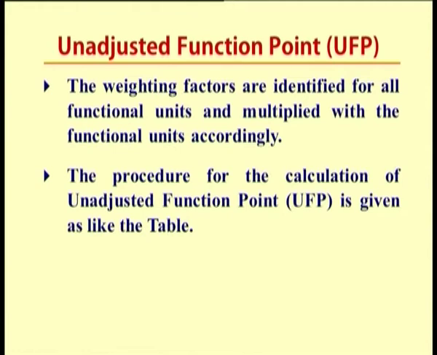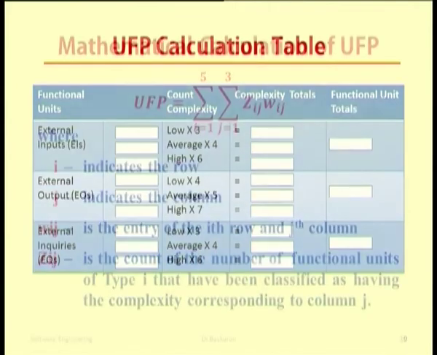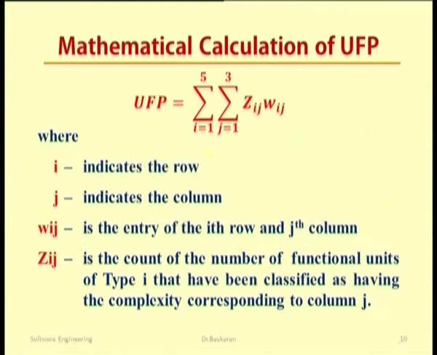The weighting factors are identified for all functional units and multiplied with the complexity counts of the functional units accordingly. The procedure for calculation of unadjusted function points is given in the table which I have shown you before. Now that we need to understand how exactly to calculate the unadjusted function points, we have a formula. UFP, the unadjusted function points, is equal to the summation over i equal to 1 to 5, summation over j equal to 1 to 3, of zij into wij.